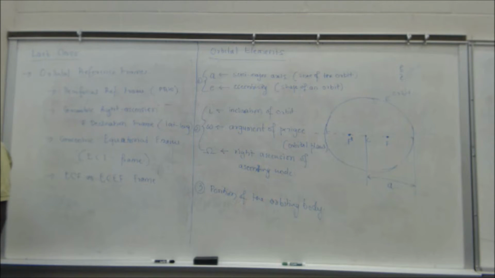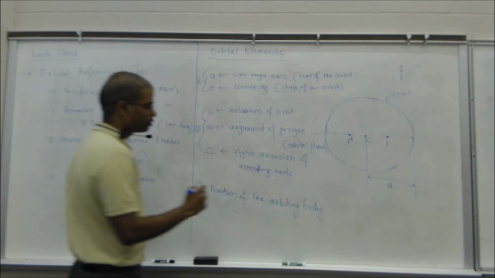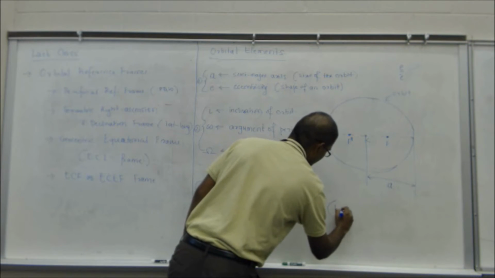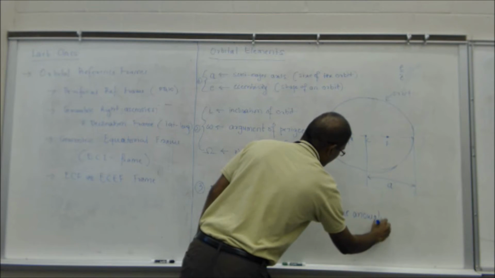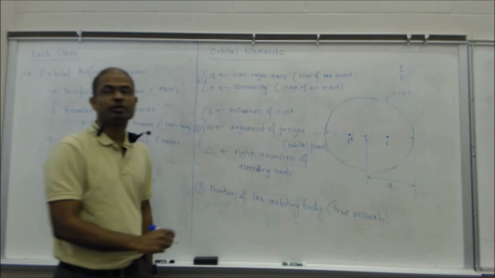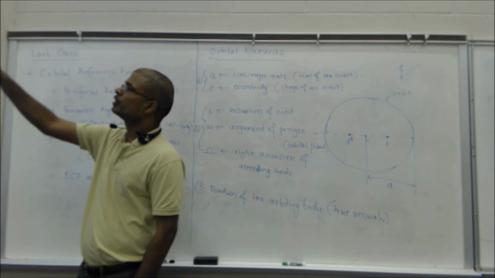How have we defined the position of the orbiting body? Do you remember? What term did we use? You forgot already? Remember, we used true anomaly, right? True anomaly always defines the position of the orbiting body. So where is the orbiting body here?